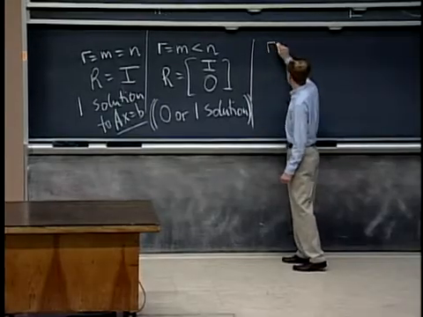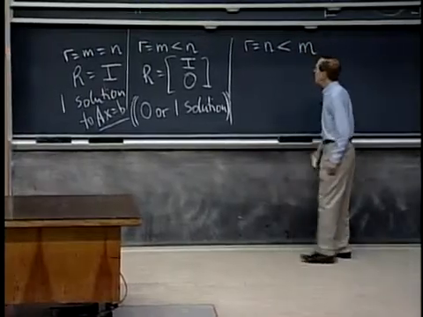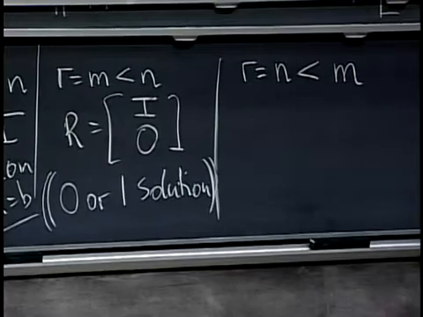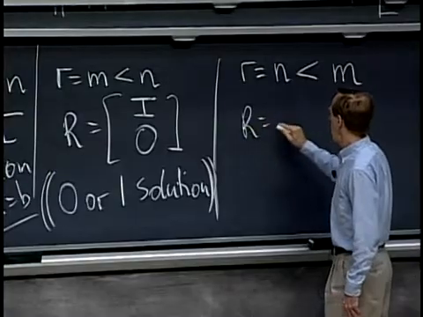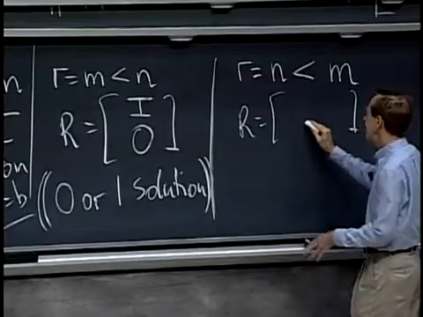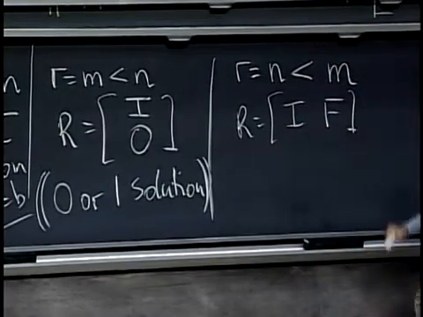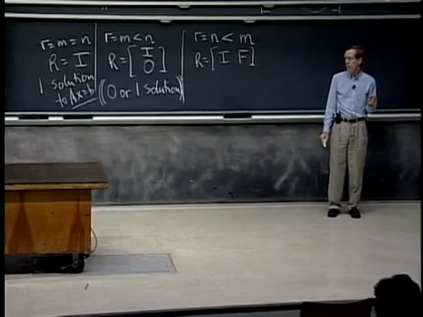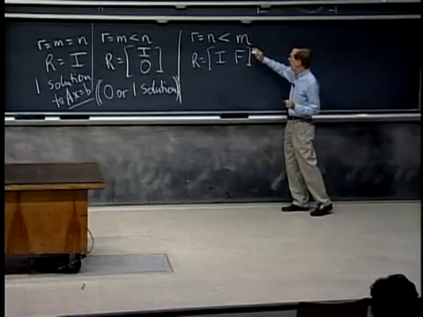And now let me take the case of full column rank, but some extra rows. So now R has, well, the identity, I'm almost tempted to write the identity matrix and then F, but that isn't necessarily right.